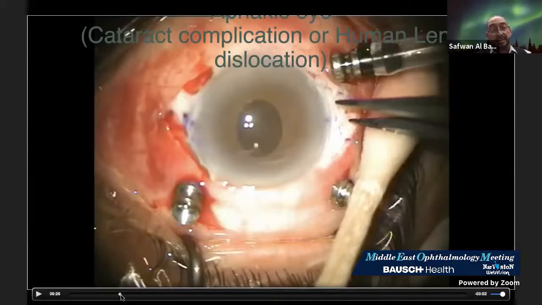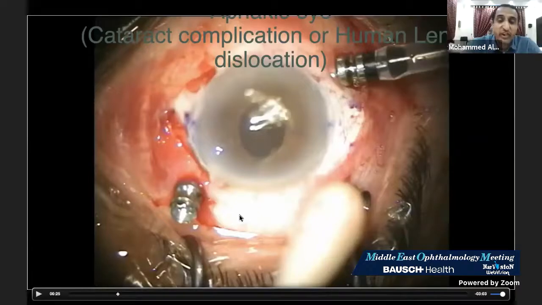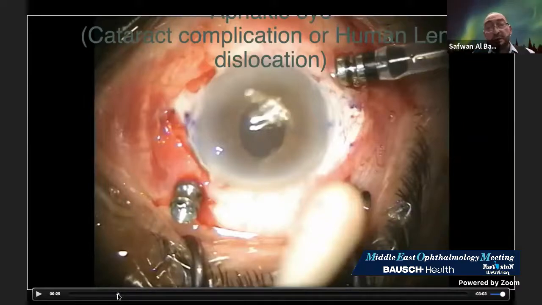If I return back a little bit, this is the limbal 3 o'clock, and this is 9 o'clock. And this point is 2 millimeter from the limbus, 3 millimeter apart between them. I hope that everyone is seeing my arrows. Dr. Mohammed, you are seeing my arrows? Yes, Dr. Safan, it's very clear. Okay, so I will continue step by step.